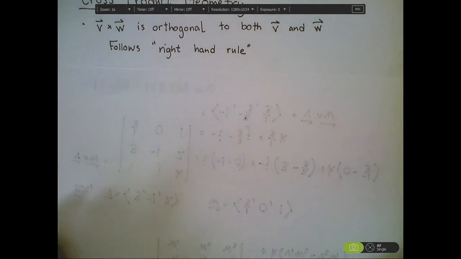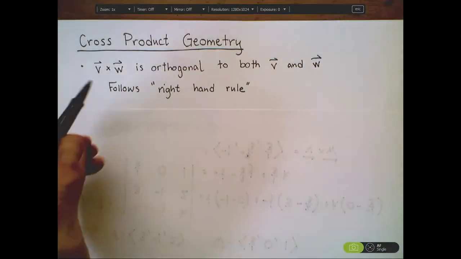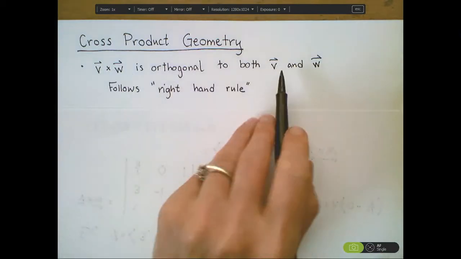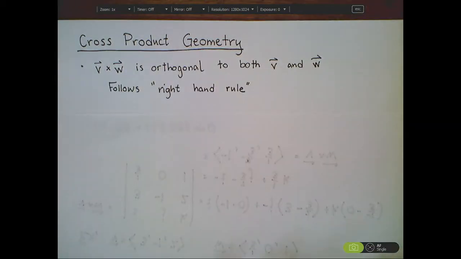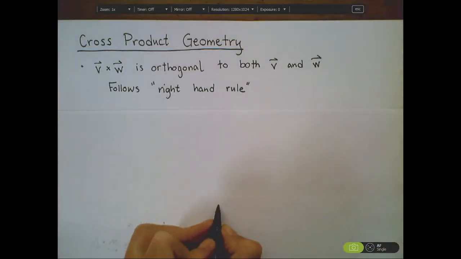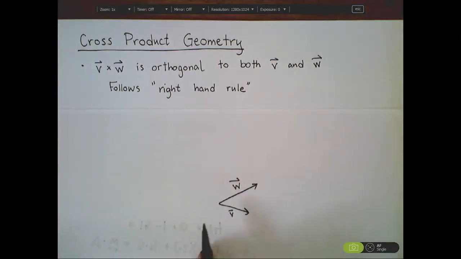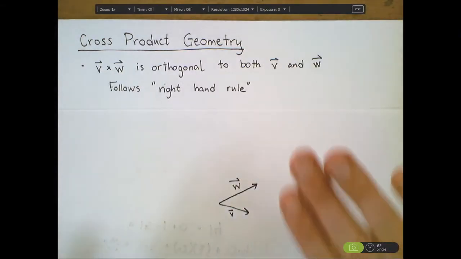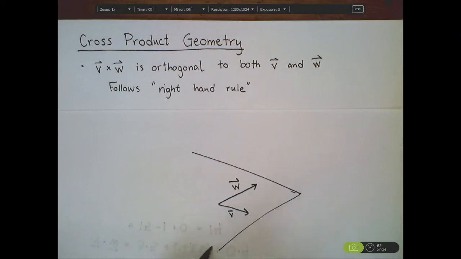The first property is that when you take a cross product, that new resulting vector is going to be orthogonal to both v and w, and it follows the right-hand rule. So, for example, let's say I have two vectors v and w, and in three-dimensional space, these vectors v and w are going to live on some plane, and I usually like to write planes like this.